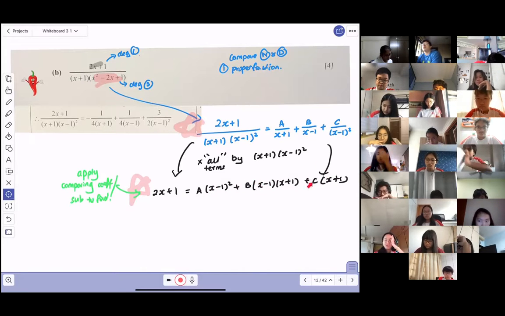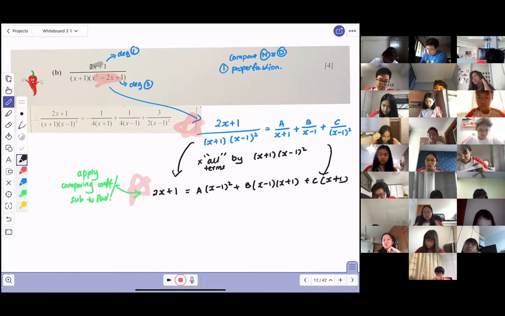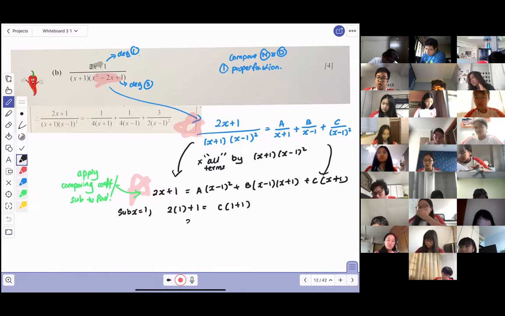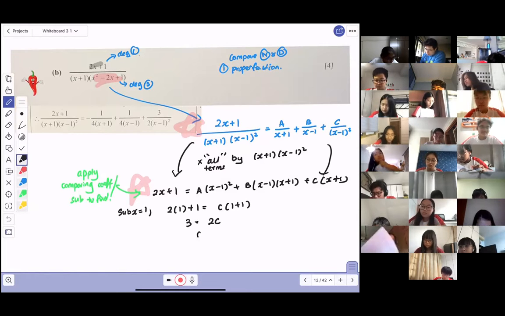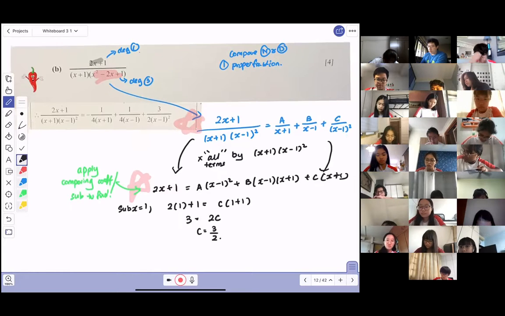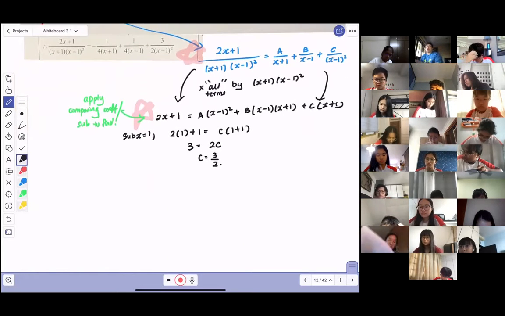Then I'm left with C bracket x plus 1. So if I sub x equals 1, on the left hand side is 2 bracket 1 plus 1. On the right side is C bracket 1 plus 1. 3 equals 2C. C equals 3 over 2. Okay, very, very stable working. Very, very easy to do. Okay, no difficulty in that.